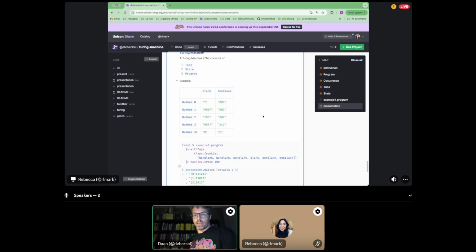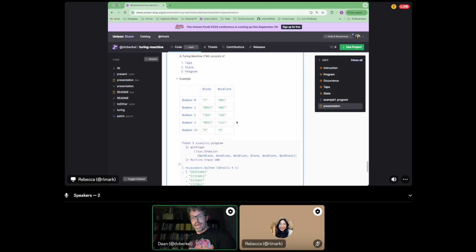The next character is either an L or an R, and that designates the direction to move in, and the next number is the state to transition to. So we have a program represented as a table, but you can also write that as a Unison term.